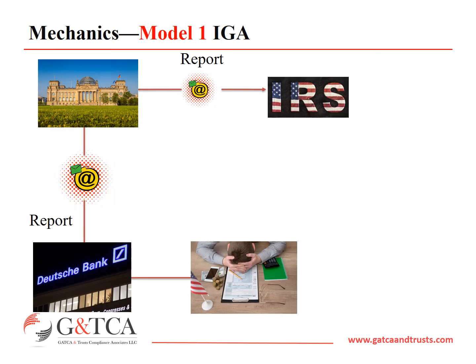There are two basic models of IGA, the so-called Model 1 and Model 2 IGAs. This slide depicts the mechanics of FATCA under a Model 1 IGA. Under a Model 1 IGA, FFIs do not report their US account holders directly to the IRS. Rather, they file their reports to their local country government, which then sends that information to the IRS.